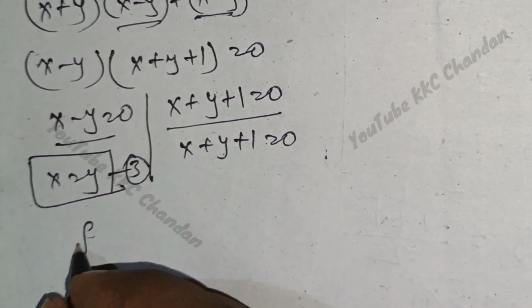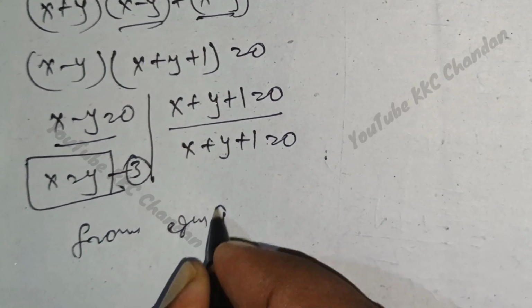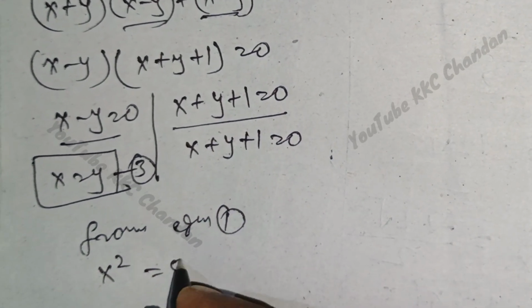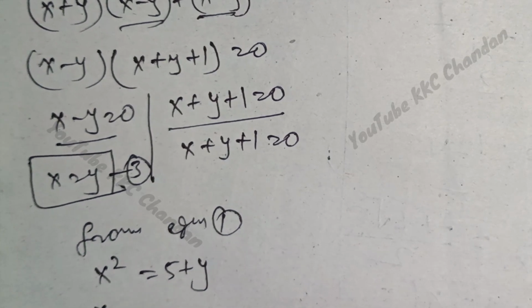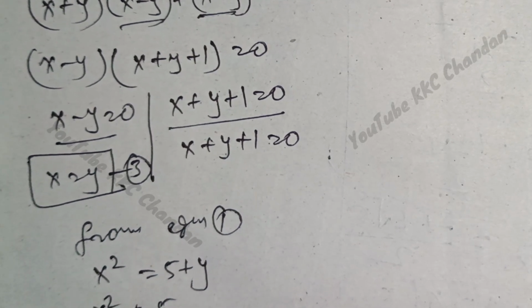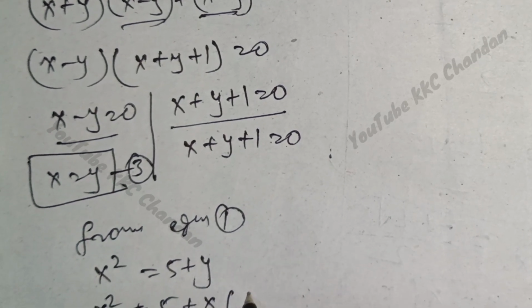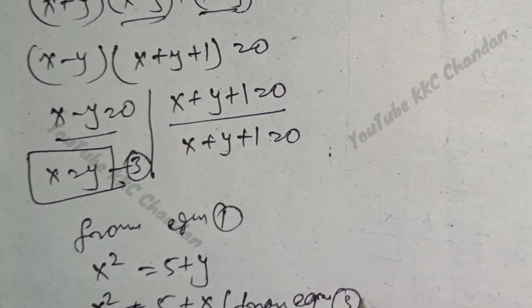From equation number 1, x square is equal to 5 plus y. Therefore, x square is equal to 5 plus x, because from equation number 3, y is equal to x.